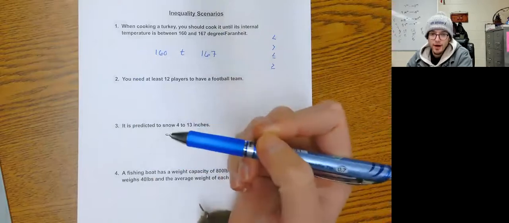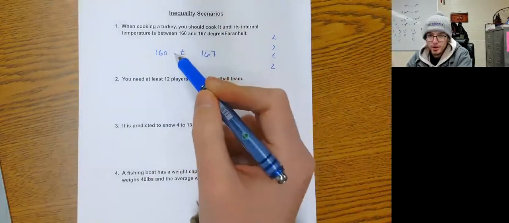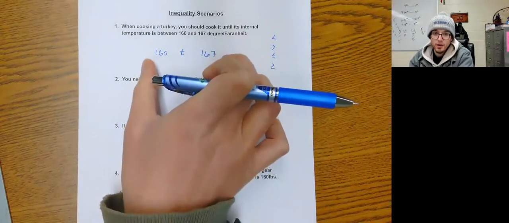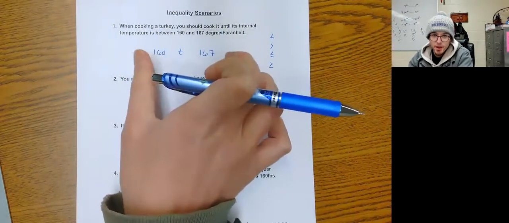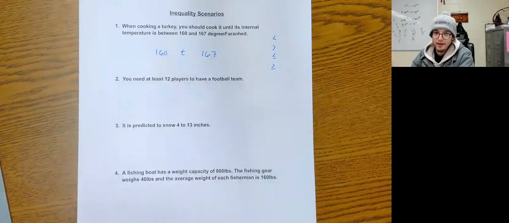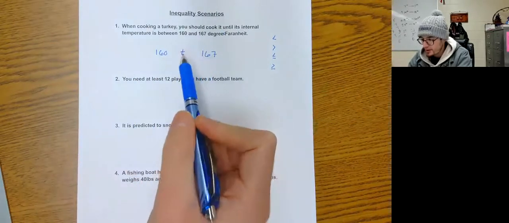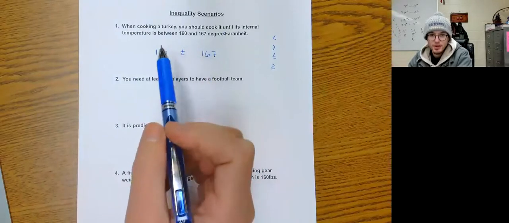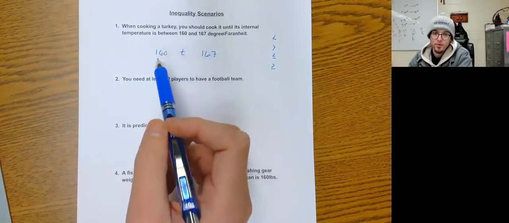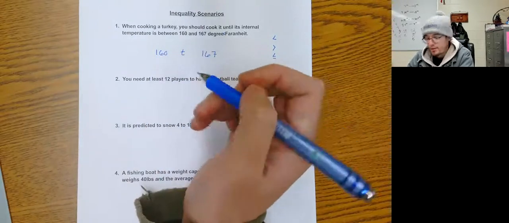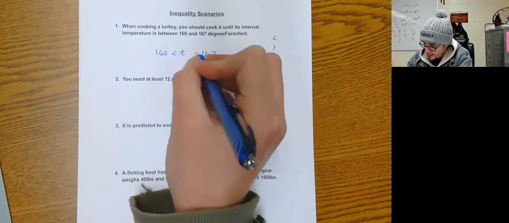The other way to think about it is, when you set up a compound inequality like this that is in between 2 numbers, it's an and inequality, then your inequality symbols should be pointing towards the smaller number, the more negative number, the number on the left on the number line. So they should be facing this way.